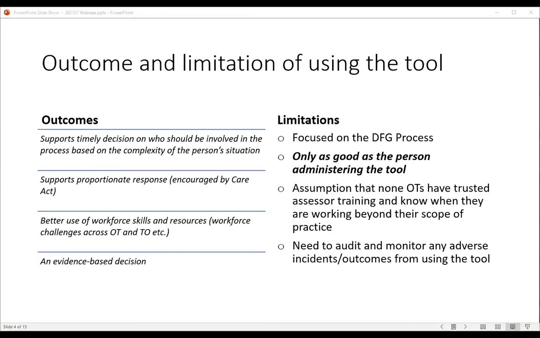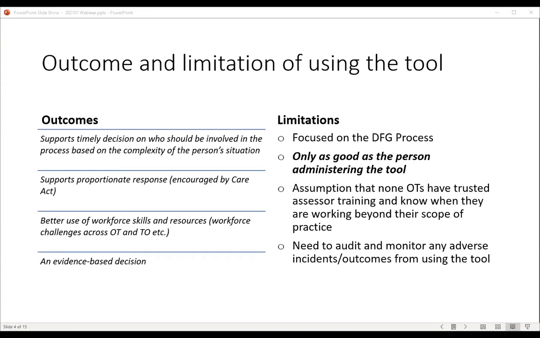So hopefully the triage tool enables us to provide that proportionate response. Ultimately, it's about better use of the workforce and skills we've got out there: our OT skills, our caseworker skills and our technical officer skills, so that we can get an effective DFG process.